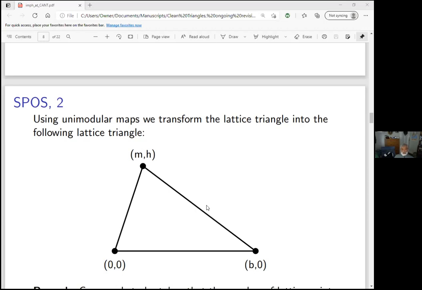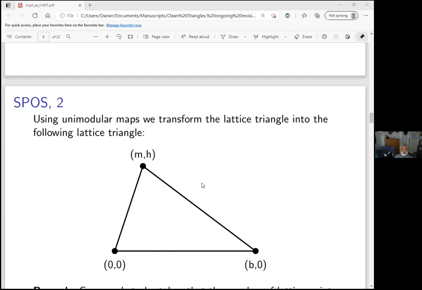One thing I should point out is that M can be equal to B or greater than B. The way I've drawn it, M seems to be less than B, but we really don't insist on that.